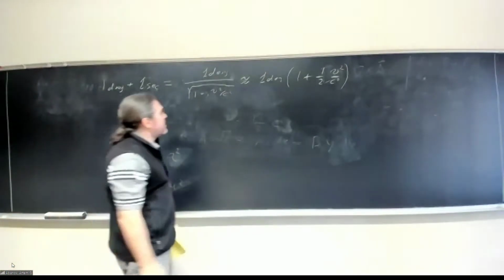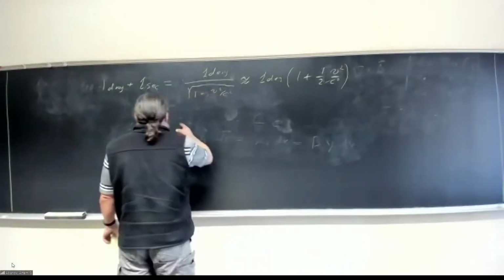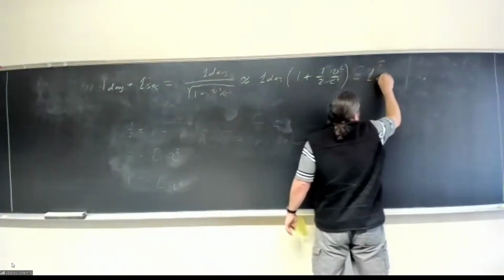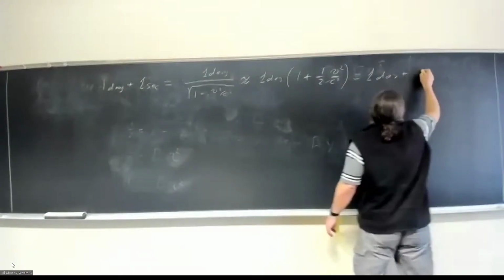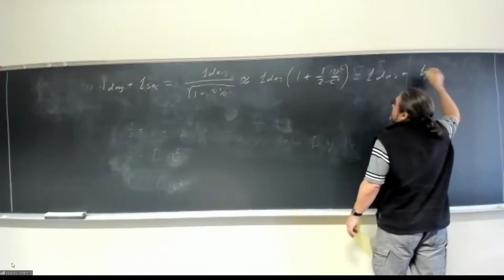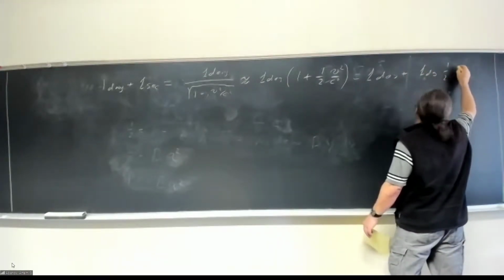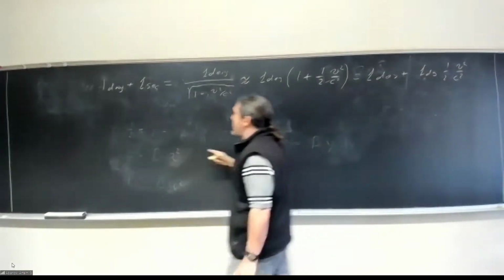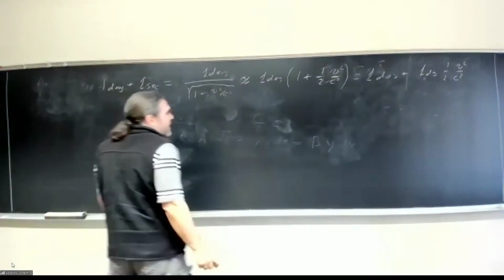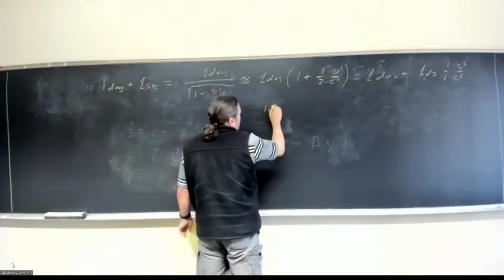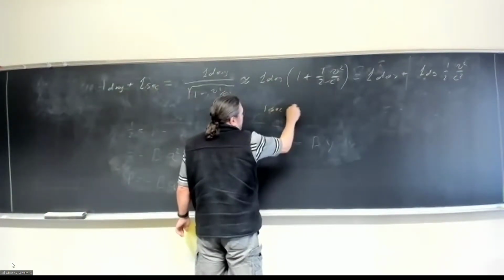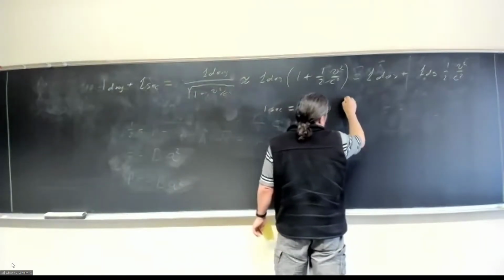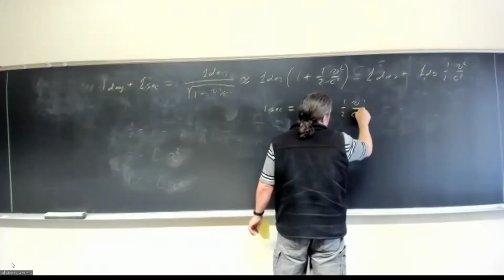All right, and so now let's write it: 1 day plus 1 day times 1/2 v squared divided by c squared. So you see that 1 day and this 1 day cancel out, and what you have is 1 second equals 1 day times 1/2 v squared divided by c squared.